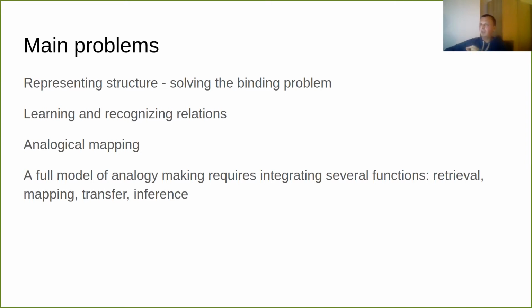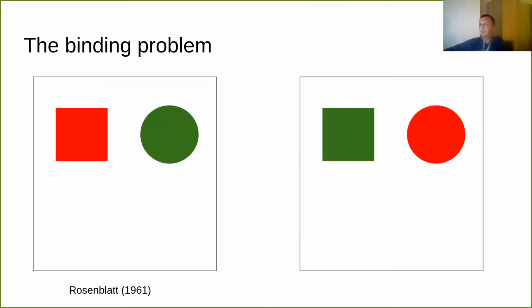We'll have to have several different models and put them together. And that's again a difficult task for connectionist modeling. So today I will focus mainly on the first problem because I think it's the most important one, representing structure. It's also the most studied one, as there are many attempts to solve it. But I'll be glad to discuss the other problems as well.